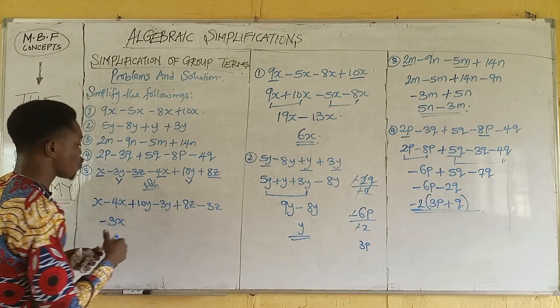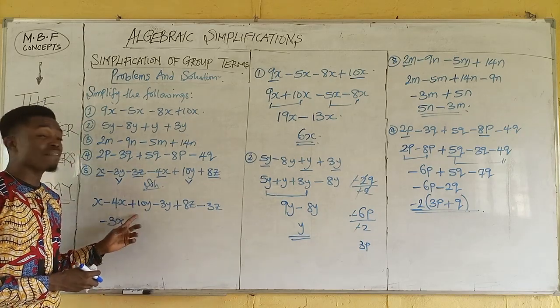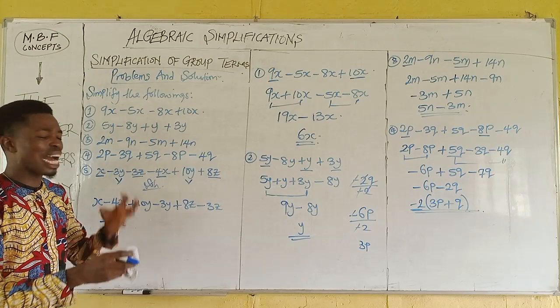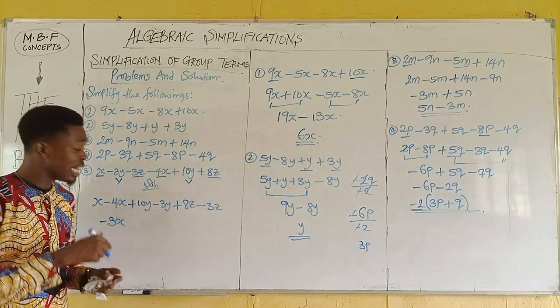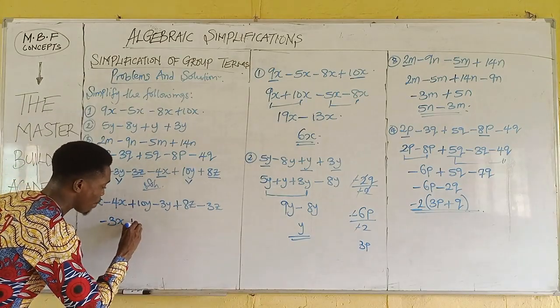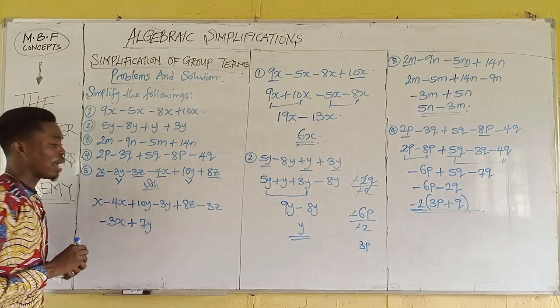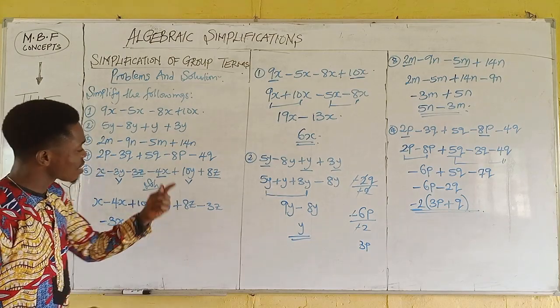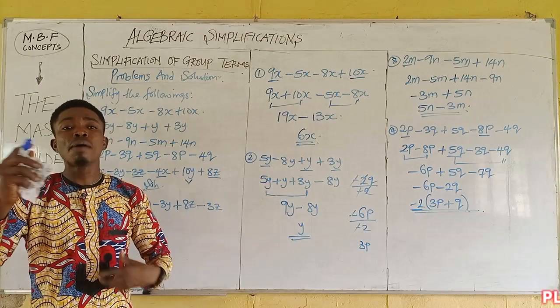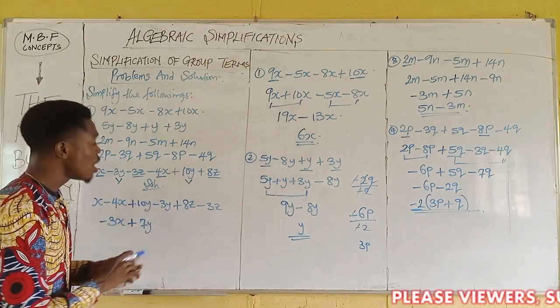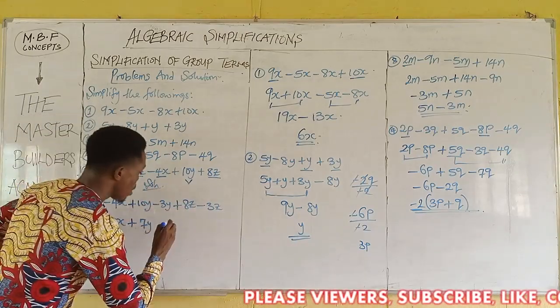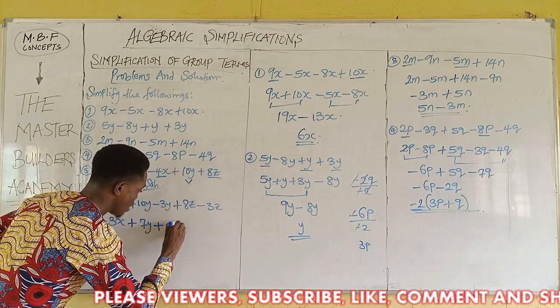Now, for this case of Y, we have 10Y minus 3Y, and 10Y minus 3Y, guys, is 7Y, and that happens to be positive 7Y. Then finally, we have plus 8Z minus 3Z. And when we remove 3Z from 8Z, guys, we have plus 5Z.